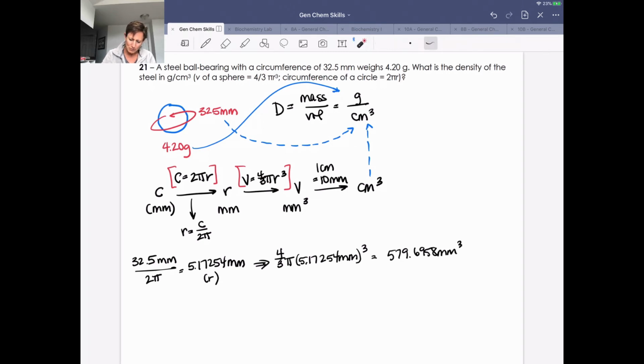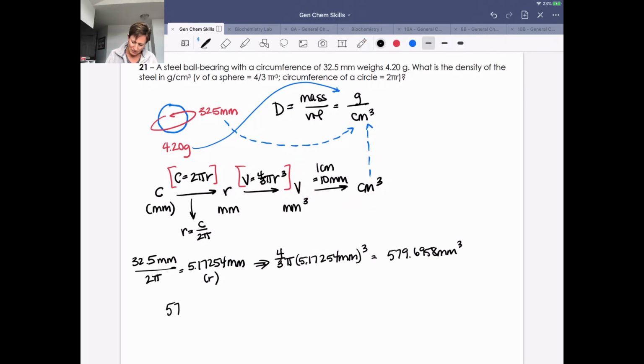So to map what we've done, for circumference we used this equation, solving for radius, to get what our radius is. Notice that I've left a lot of significant digits here. Don't round too soon. Once I know my radius, I can use my volume equation, that's what I've done here, to get my volume in cubic millimeters. And now the last thing is to do what really equates to unit conversion here.